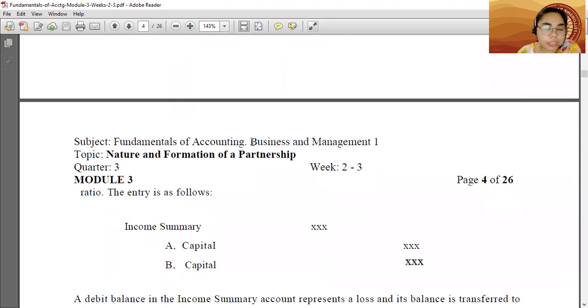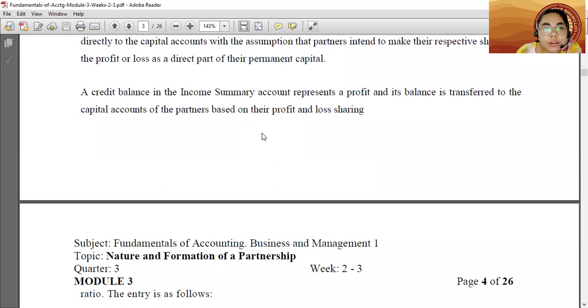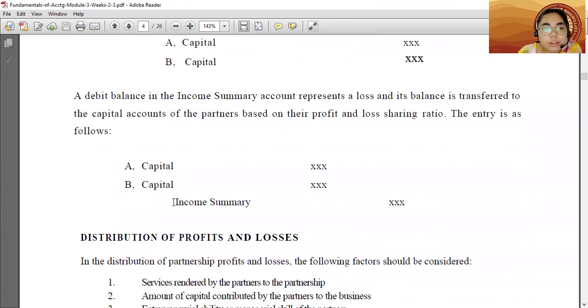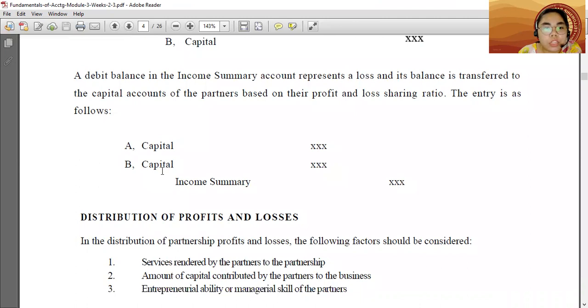So usually in practice it's not done. So we have here, yes. Okay, so this is what I've said, this is the shortcut: directly to the capital account when we close the income summary.